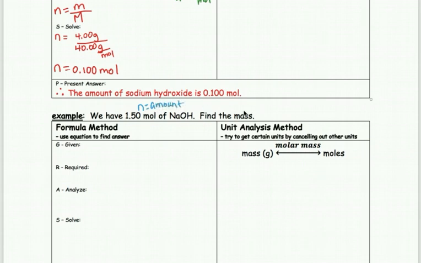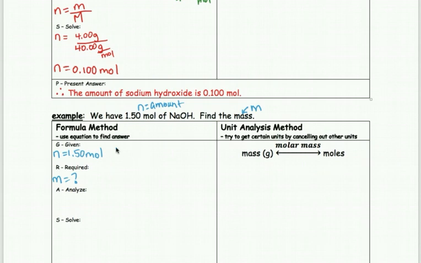In this case, it says find the mass, so I don't need to write that one out. Given the amount, we're given the amount 1.5 moles. What's required? You need to find the mass. That's the question mark.